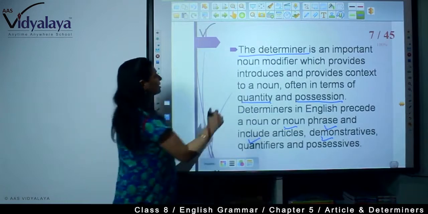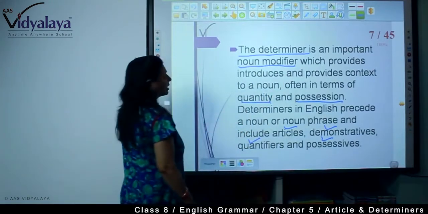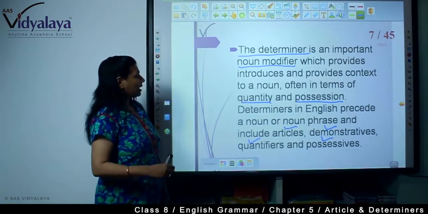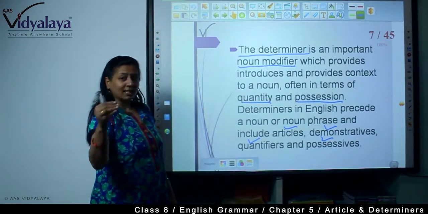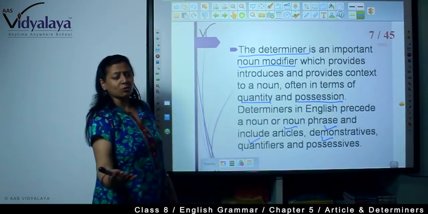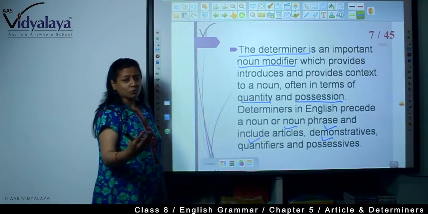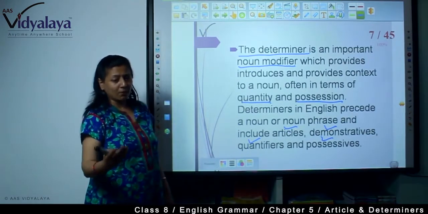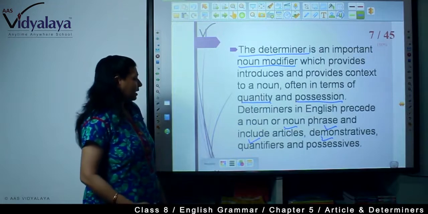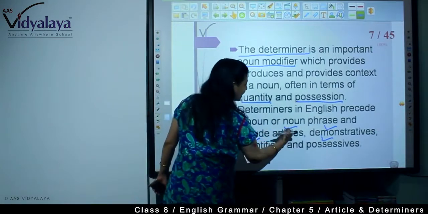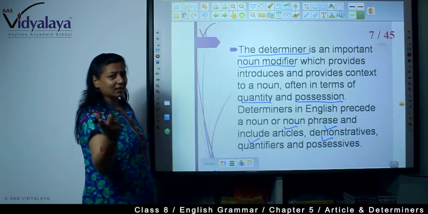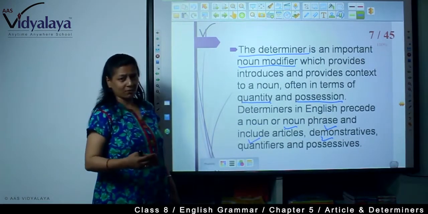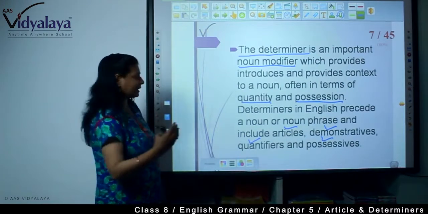They provide context to a noun in terms of quantity and possession. Mine, yours, my house, her book, and quantity: many, much, more, like this. So these include the articles, demonstratives: this, that, these, those; quantifiers, that is numbers; and possessives: my, her, your, like that.